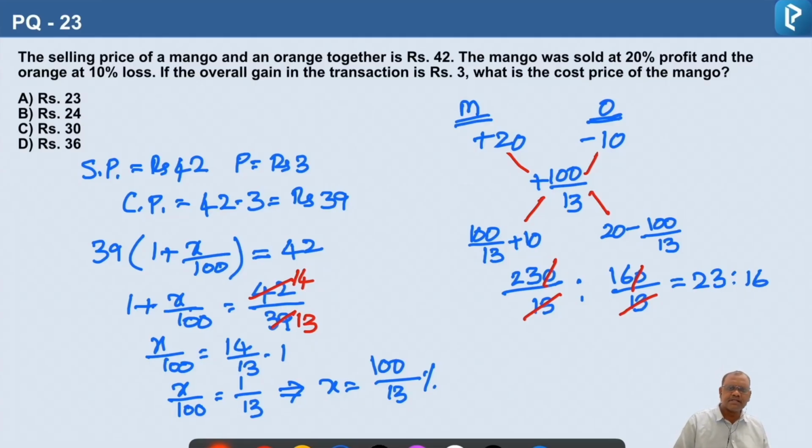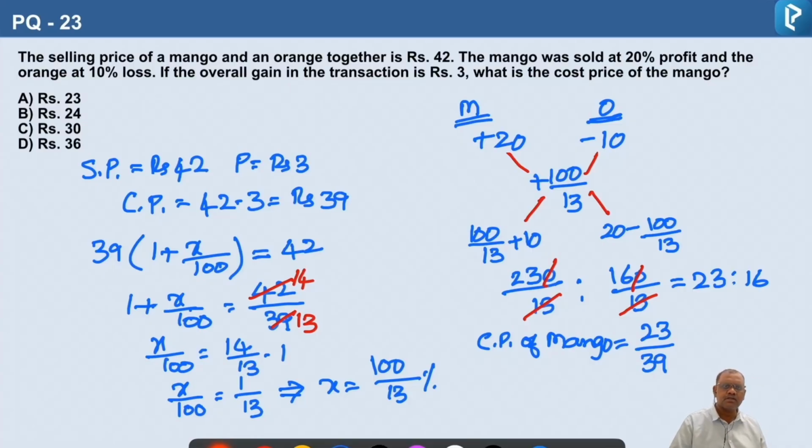So the cost price of mango is 23 parts. CP of mango is 23 out of 23 plus 16. 23 plus 16 is 39, out of 39 parts.